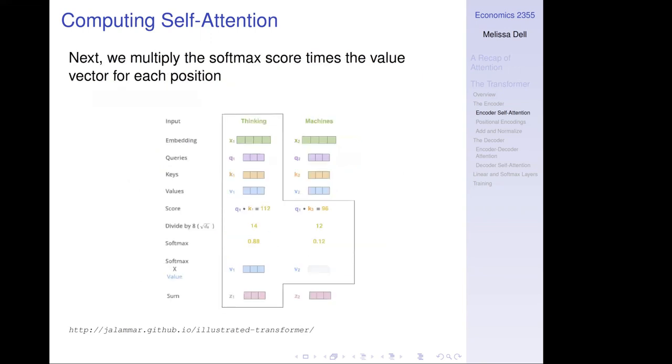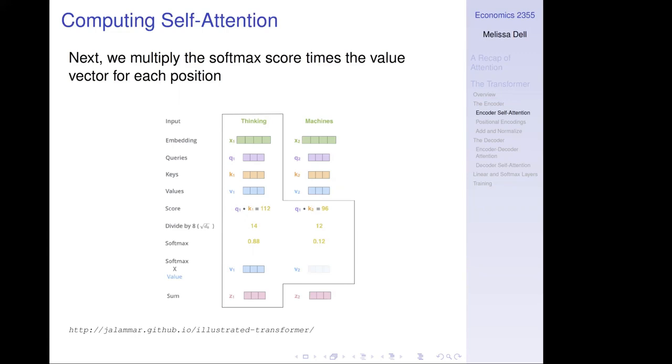Okay. And so next, we are going to multiply the softmax score times the value vector for each position. So this is the example for thinking, and there's a value vector V1 that we multiply by 0.88. And then we're going to multiply V2, which is the value vector for machines, by 0.12.